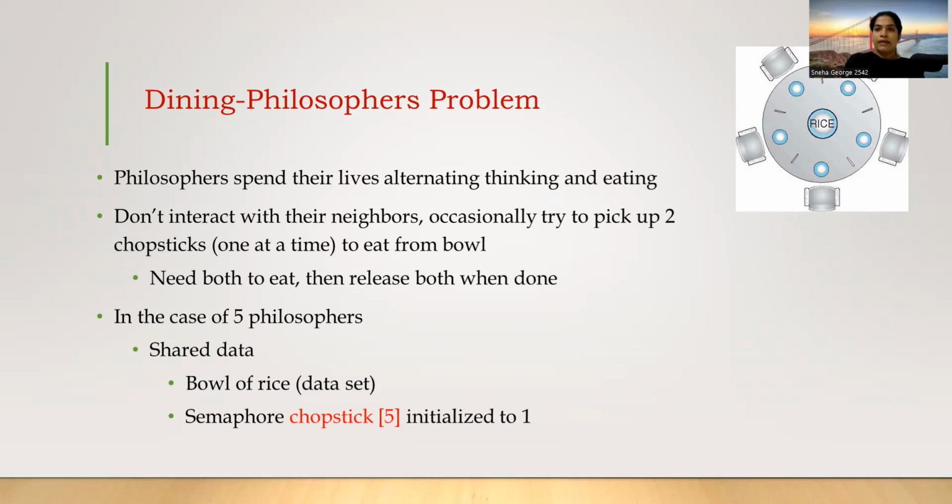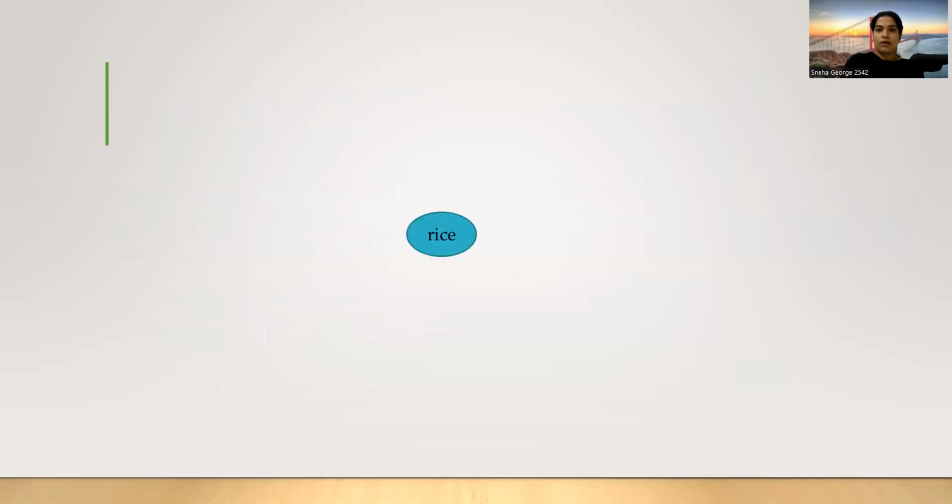If this is philosopher 1, and this philosopher wants to have rice from the bowl, this philosopher requires 2 chopsticks to be taken. If philosopher 2 wants to eat, it has to take the chopstick from the first philosopher as well as its own. It has to get the 2 resources.